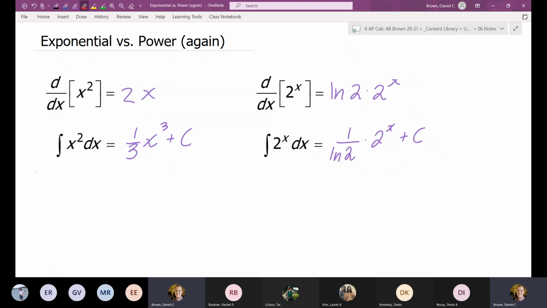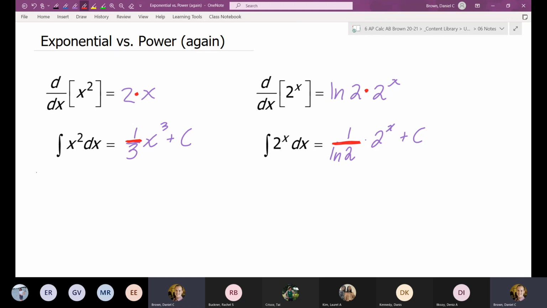For both the derivative rules, the power rule and the exponent one, you end up multiplying, so it was 2 times x, natural log of 2 times 2 to the x. Whereas for the integral, you end up dividing both times. You ended up dividing by the new exponent, and you ended up having to divide by the natural log of 2. So there are similarities, and I think recognizing those similarities will make it a little bit easier to memorize the rules that you have.